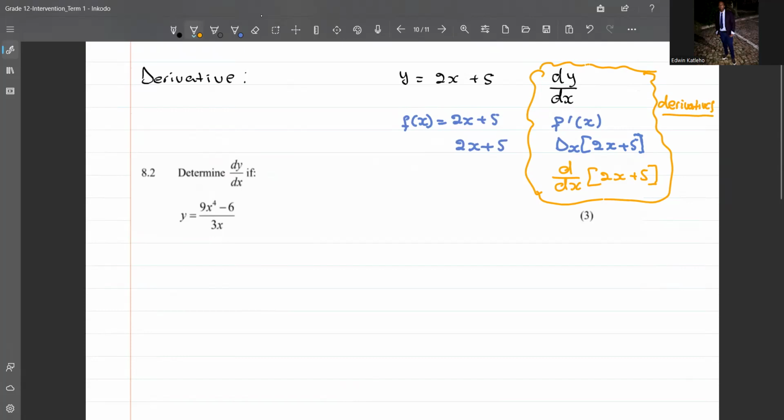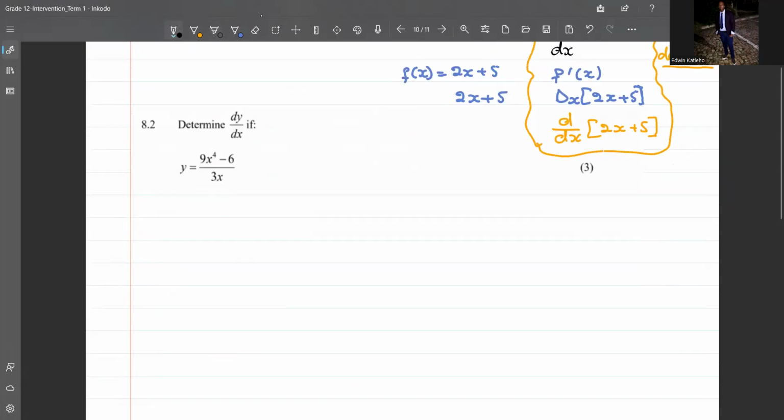Before you can do anything, when you're given a complex example like this, or a complex question like this, always write your equation or expression, always write the given question in standard form first.